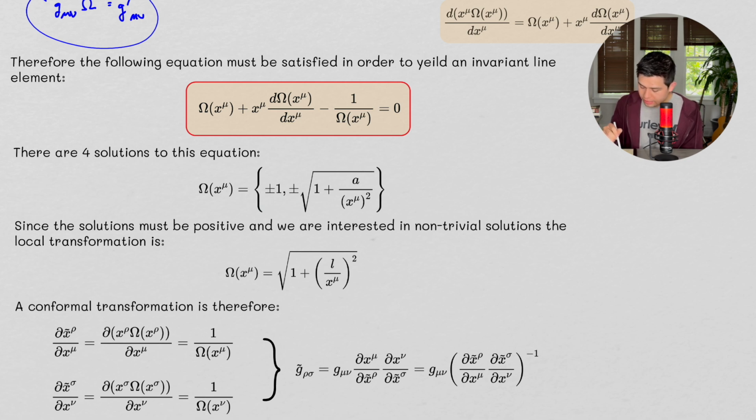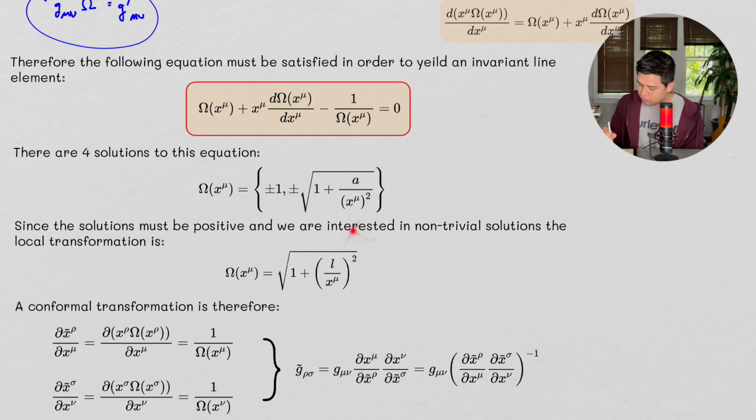If you plug in positive 1 for all of this here, this becomes negative 1. The derivative of 1 with respect to x mu is just 0. And then this is 1, and you'll get 1 minus 1 equals 0. Same thing you can do for the negative trivial solution, right?